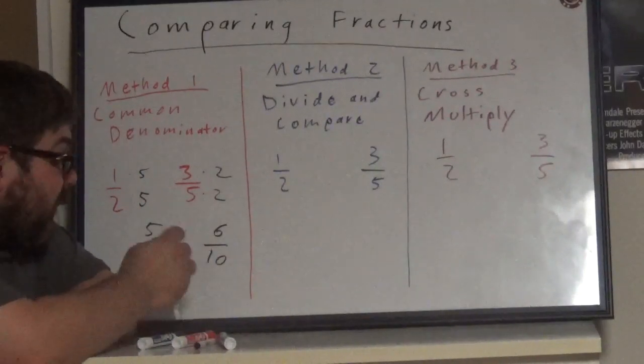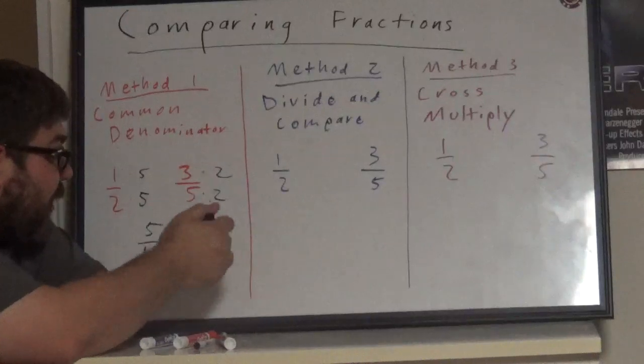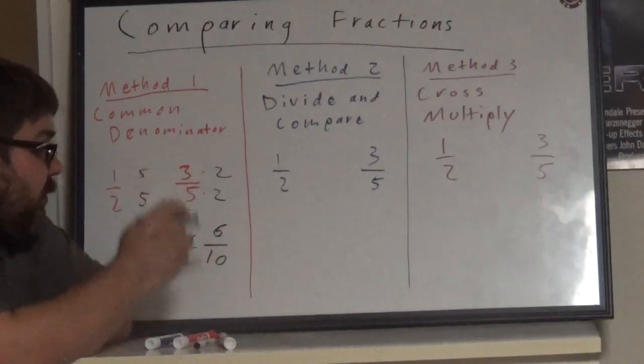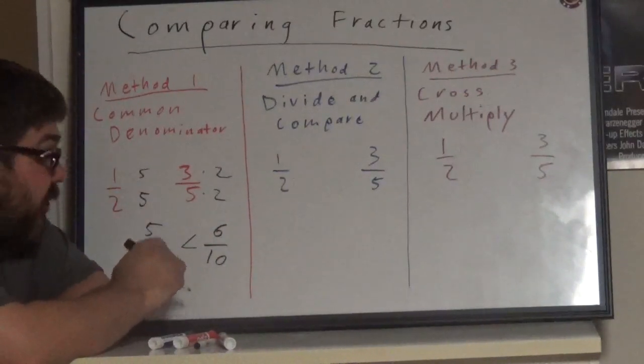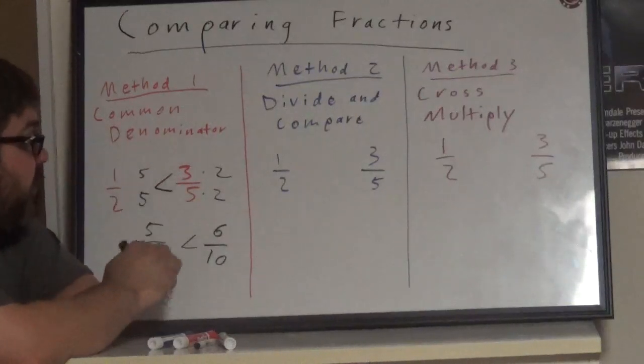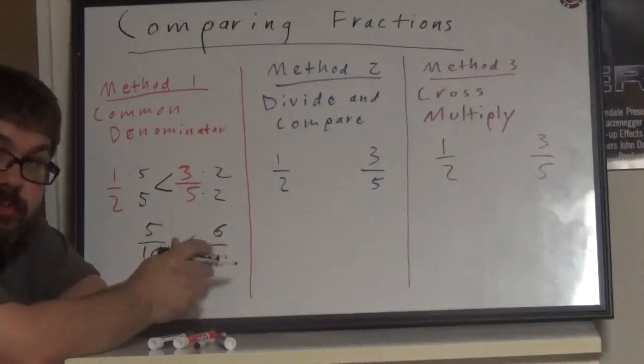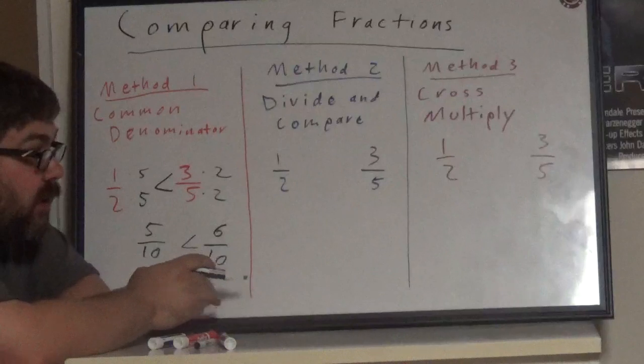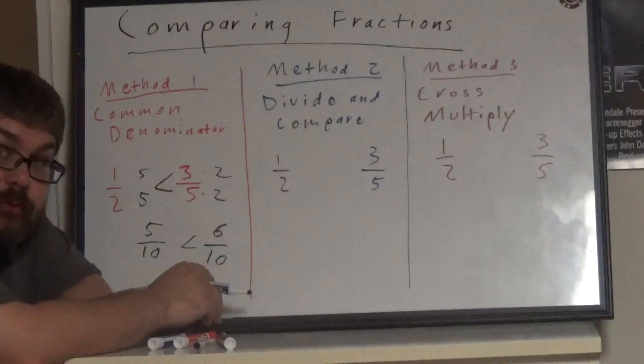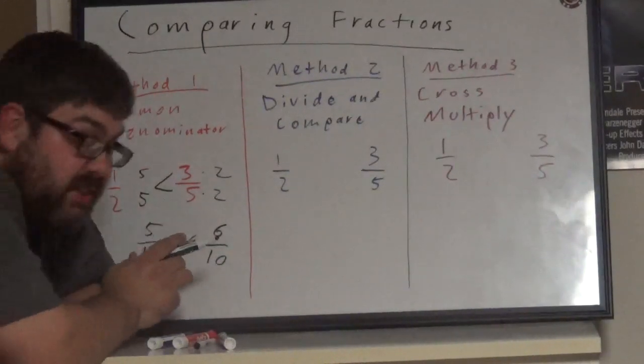Look which number is bigger. Obviously 6 is bigger than 5. So comparing the fractions, 3/5 is of course bigger than 1/2. And you can see I use the same numbers for all 3 methods, just for consistency.